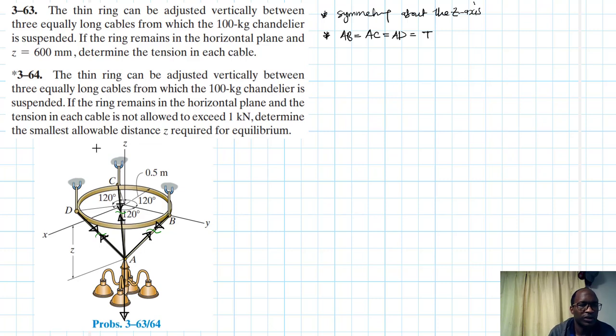We have these tension forces that we are going to label. Let's start with this: 100 kg. Let's convert it to newtons by multiplying by the acceleration due to gravity. So 100 times 9.81 meters per second squared gives us 981 newtons.